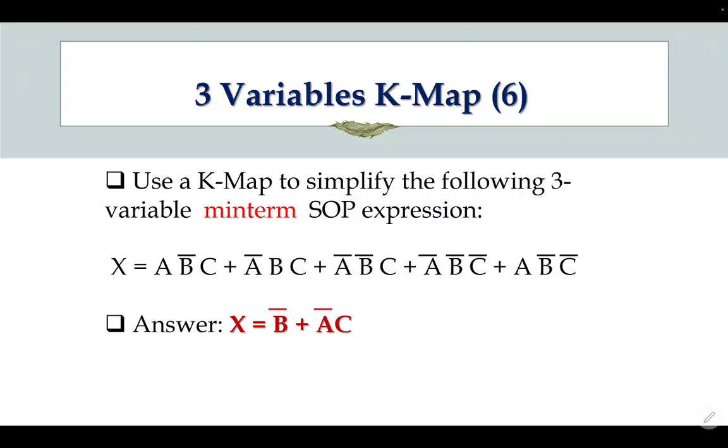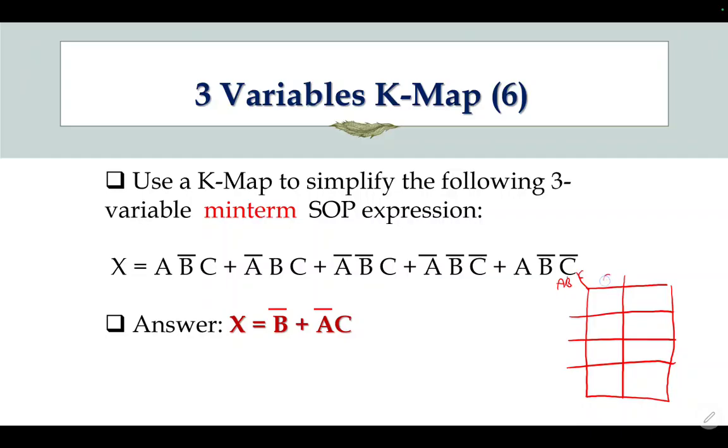Okay, for example, this one is another equation, which is you got 3 variable. So basically you can draw like this for 3 variable. You got 8 times 2. You got A, B, C, 0 and 1. 0, 0, 0, 1, 1, 1, 1, 0. So basically this one is 1, 0, 1, 0, 1, 1, 0, 0, 1, 0, 0, 0.